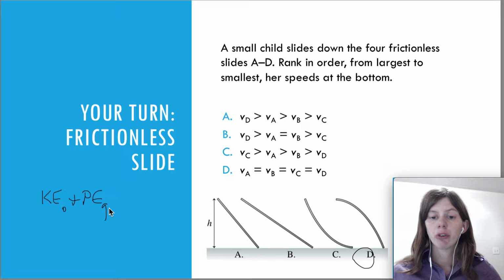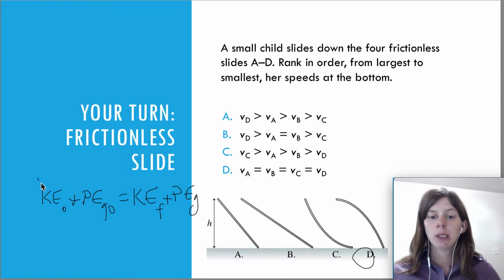I'm not going to worry about the spring. There's no spring here. Equals KE final plus PEG final. So let's assume that she starts from rest in all the cases. Because of course if she started at different speeds, then that would affect the speed at the bottom. So let's assume all the speeds are the same and she starts from rest.